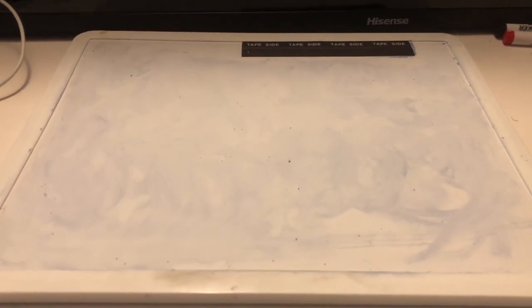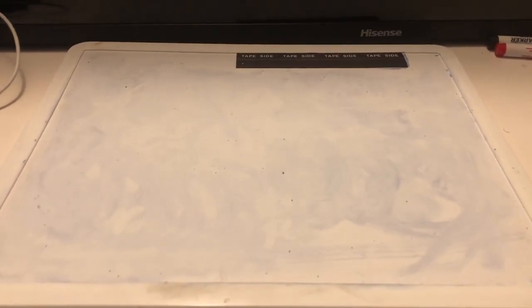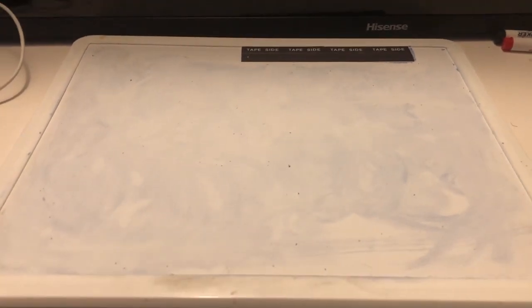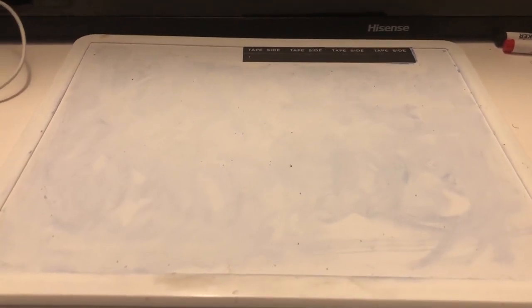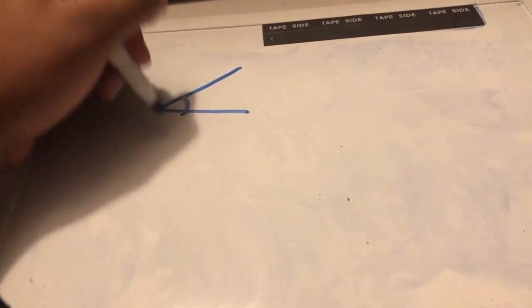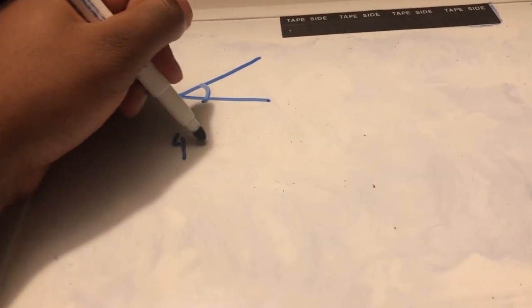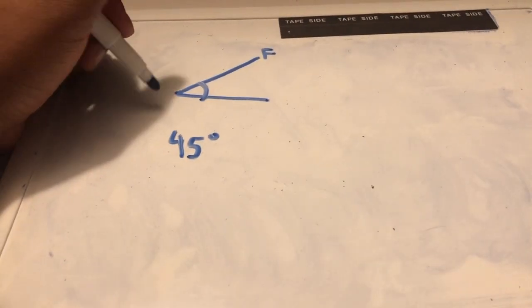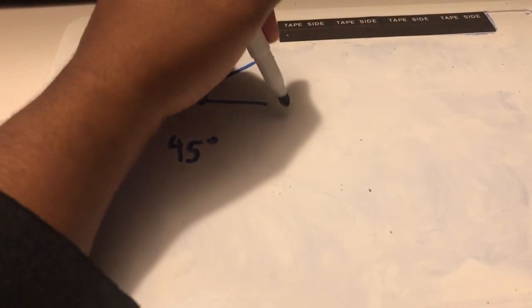The next two examples will give you an idea of how to estimate when we can't find exactly half. For the first example, imagine that this, again, is a 45-degree angle. We'll use F, B, and D again.